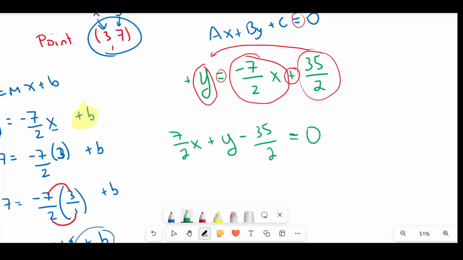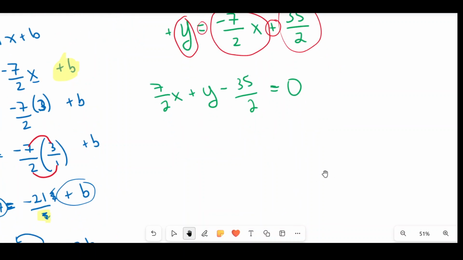Now there are fractions. So I'm not allowed to leave fractions in standard form. So to get rid of them, both of my fractions exist because of this divide by 2 that's happening. So to get rid of divide by 2, I'm going to multiply everything by 2.